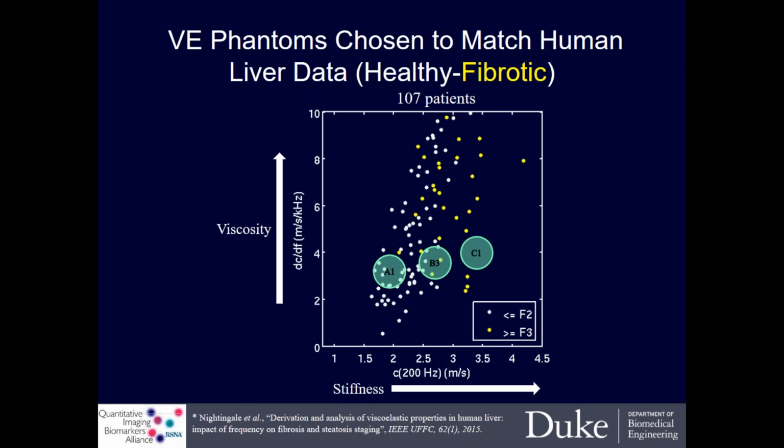And the scatter plot is showing people who have no to mild disease in the white dots versus more advanced disease in the yellow. And we were able to reasonably fabricate 3 phantoms that captured some of that stiffness and viscous response. A is the softest and least viscous, C is the stiffer and slightly more viscous.